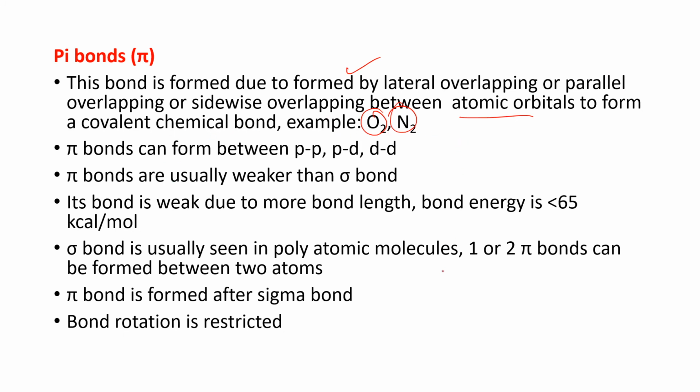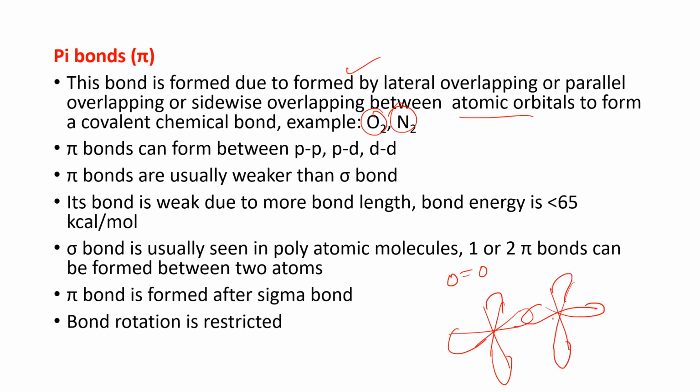Now let us draw the structures to see how it will be formed. For the oxygen diatomic molecule, we can see two bonds between the oxygens. In this way you can draw, and next you can draw in this way.